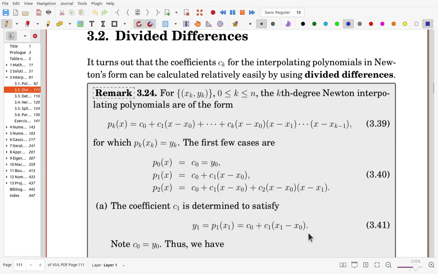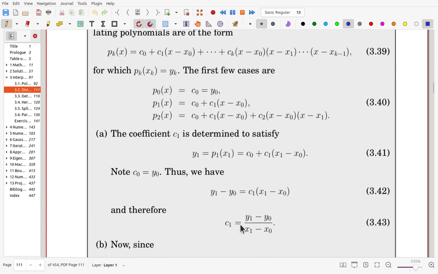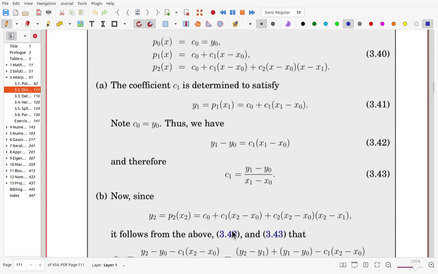So we have the right hand side, and c0, which is y0, can be moved to the left hand side and divided by x1 minus x0 to get c1.